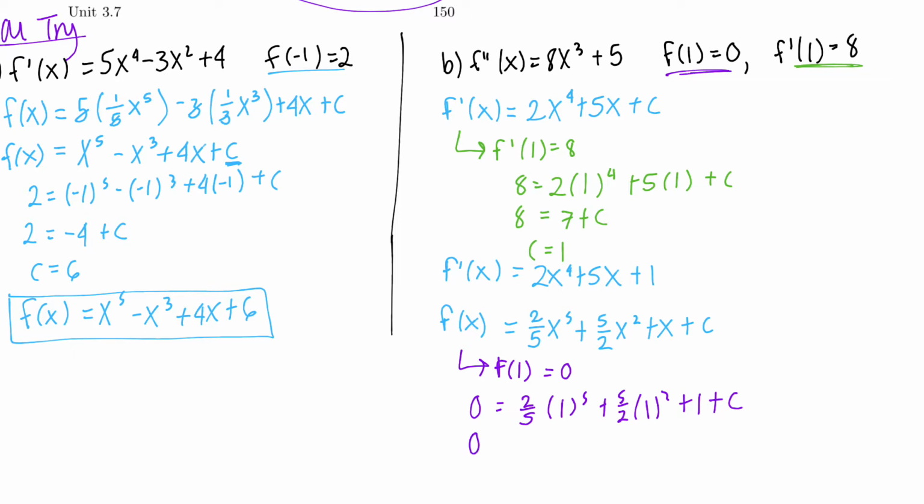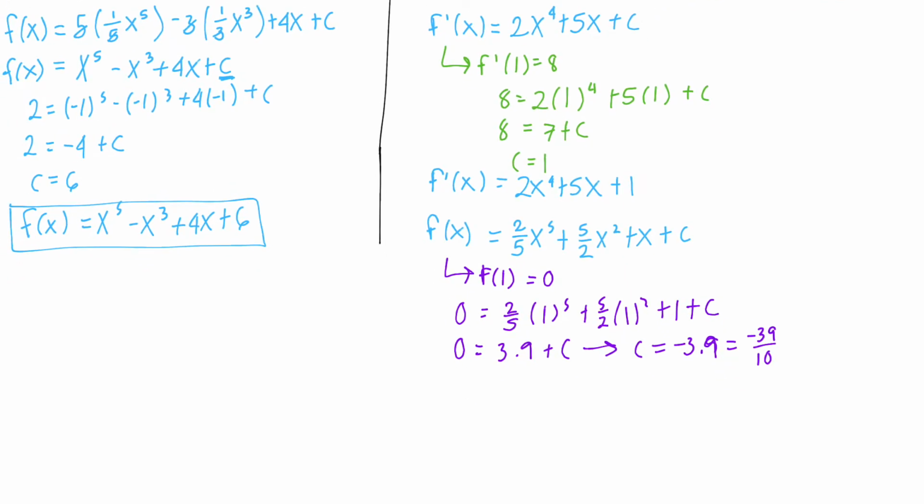All right, so 0 equals 3.9 plus c. So c is equal to negative 3.9, or if you're doing it as a fraction, negative 39 over 10. For a total of f of x equal to 2 fifths x to the fifth plus 5 halves x squared plus x minus 3.9.